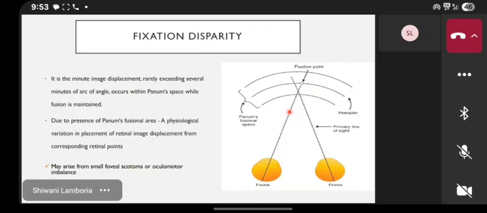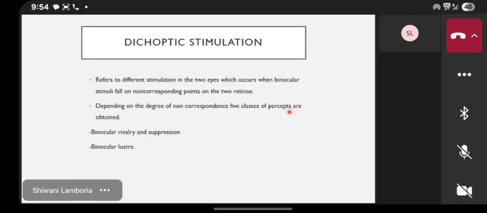Then fixation disparity is the minute image displacement, rarely exceeding several minutes of angular arc, within Panum's space while fusion is maintained. Dichoptic stimulation refers to different stimulation in the two eyes, which occurs when binocular stimuli fall on non-corresponding points of the two retina, and it depends on the degree of non-correspondence.